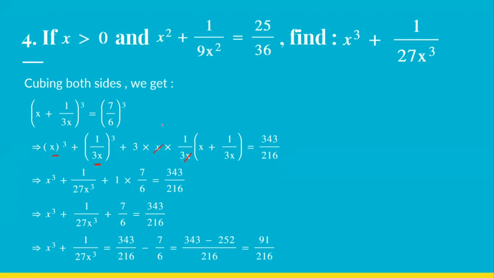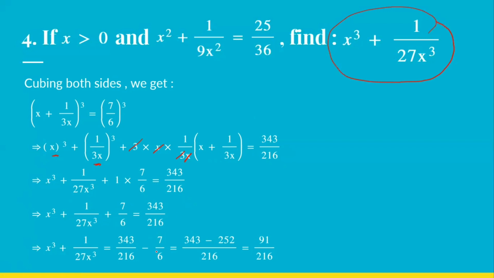7 cube is 343, 6 cube is 216. Okay. Now, when I put the value of x plus 1 upon 3x as 7 by 6, this 3 also has got cancelled here. So we get x cube plus 1 upon 27x cube plus 7 by 6 is equal to 343 upon 216. Now, I want to find the value of x cube plus 1 upon 27x cube. So I'll take this 7 by 6 over this side.